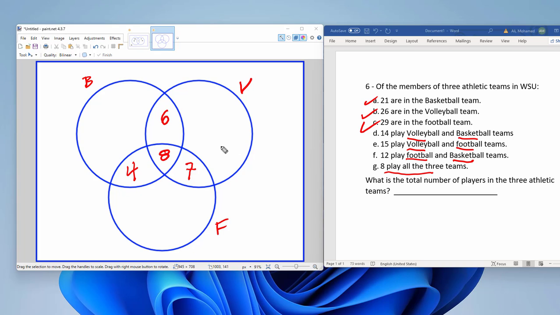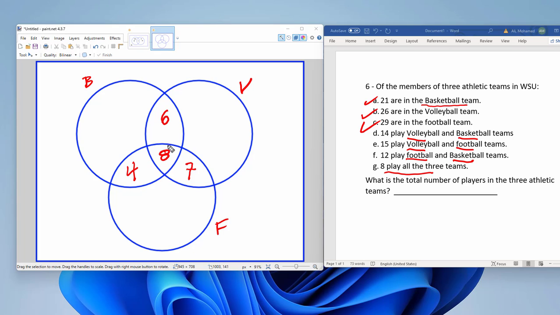right here. Now, if we look up here, we have 21 in the basketball team. So 21 are in the basketball, but we can't put 21 here because the 6 and the 8 and the 4 are part of the 21.